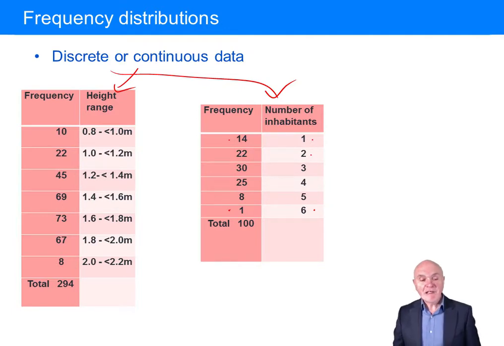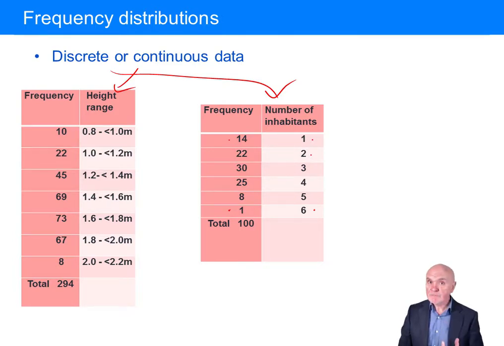Now really, if you're going to be dealing with continuous data, to get any sort of meaning from it, you have to group it. So here we have grouped it into 0.8 and 1.1. Because if you say how many people are 0.834 meters high, then probably no one is 0.834 meters high.